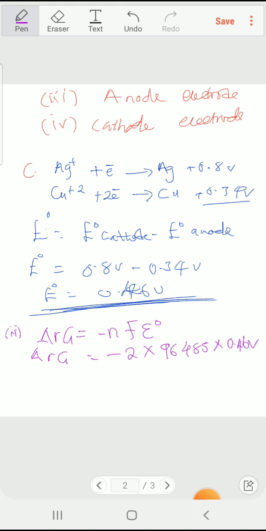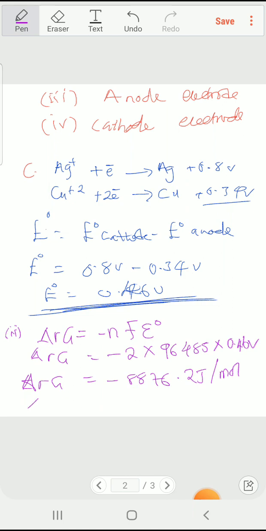Now when I calculate, the change in Gibbs free energy is equal to negative 2 times 96,485 times 0.46. The answer that I'm going to have is negative 88,776.2 joules per mole. Don't forget that.